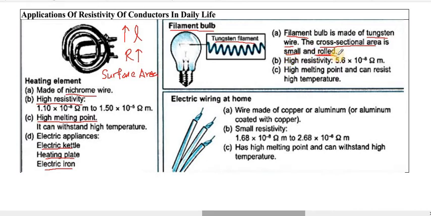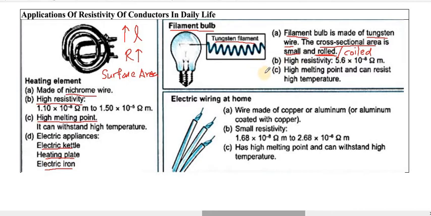When it is rolled, or you can say it's coiled, then the length is increased, right? Greater length, total resistance also higher. Get the idea? So these two characteristics increase resistance.